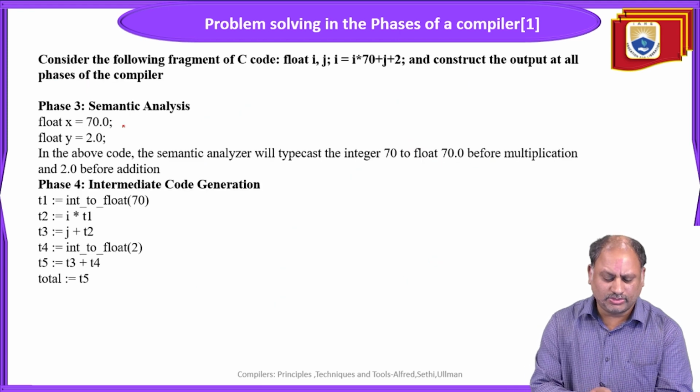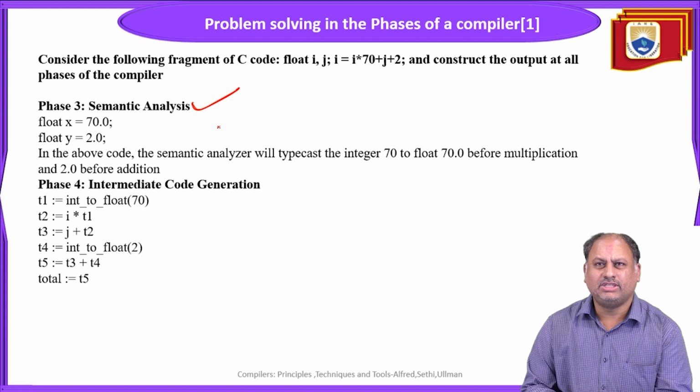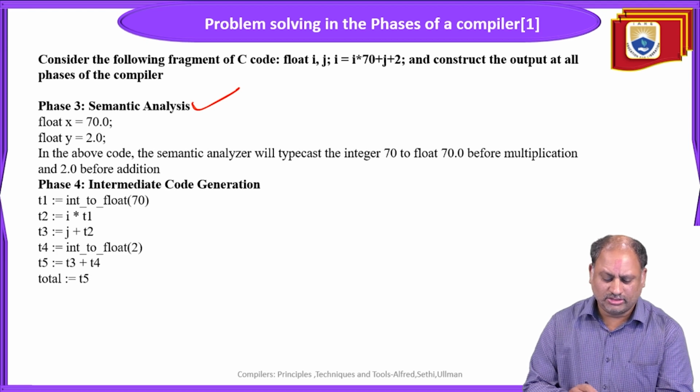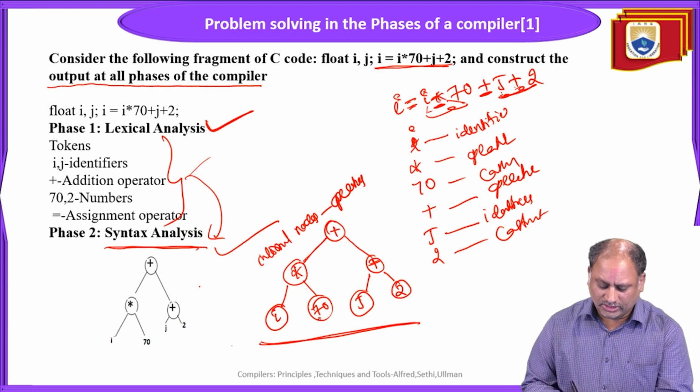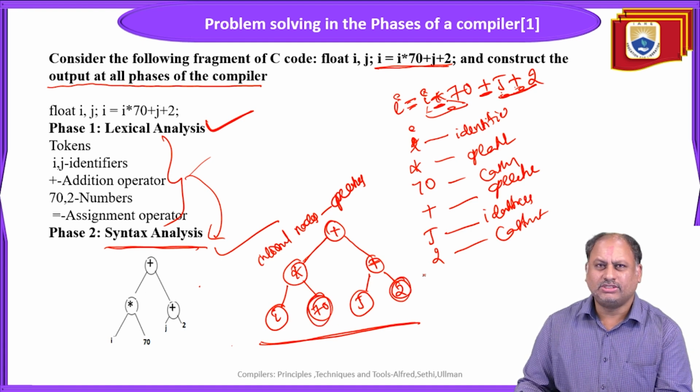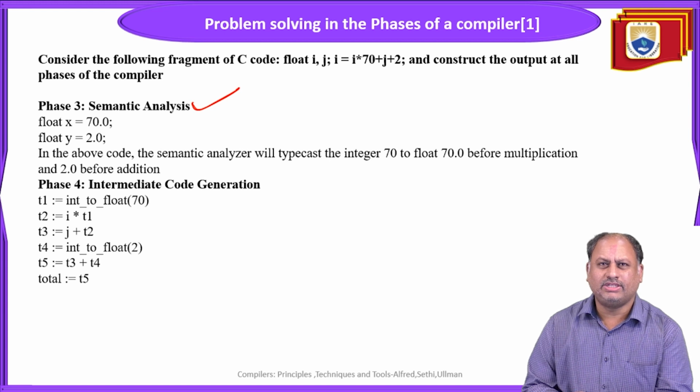The next phase in the compilation process is semantic analysis. Semantic analysis means it verifies the type of each and every object, whether 70 is to be considered as int or float, and likewise for 2. So we determine each of the types, and it verifies the semantics of that particular language. The semantic verification is done by using typecasting.